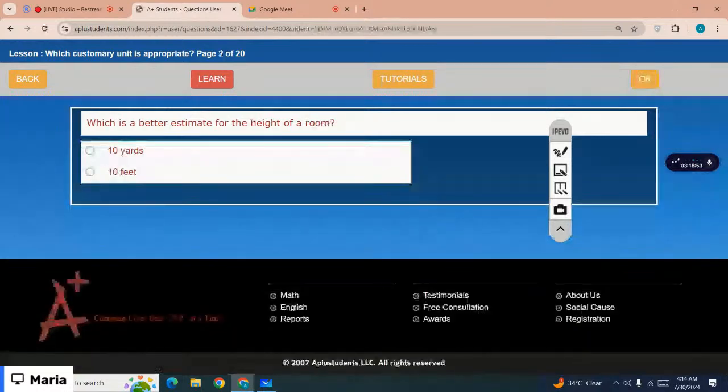Which is the better estimate for the height of a room: 10 yards or 10 feet?